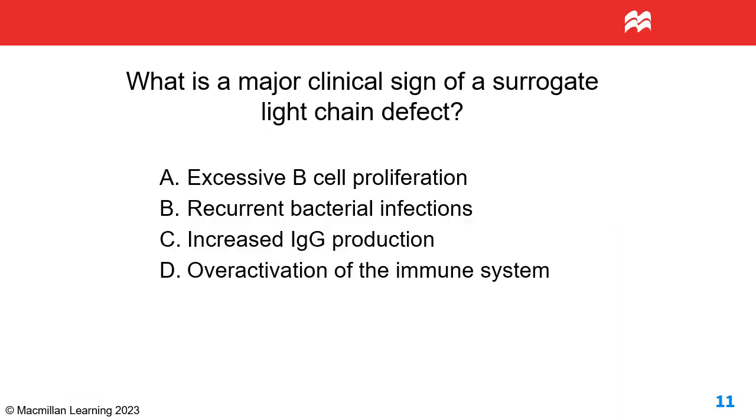All right, so here, one question. And this is clinically relevant. If you have a problem with your surrogate light chain, what is going to be the overall problem of your immune system?